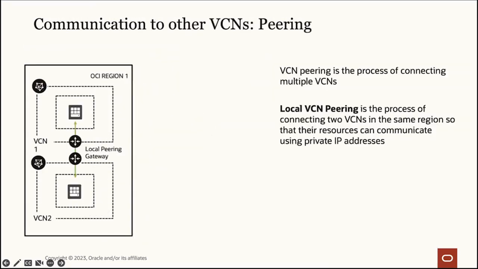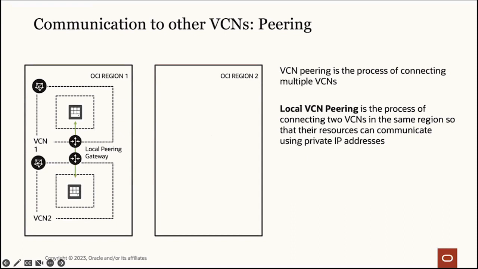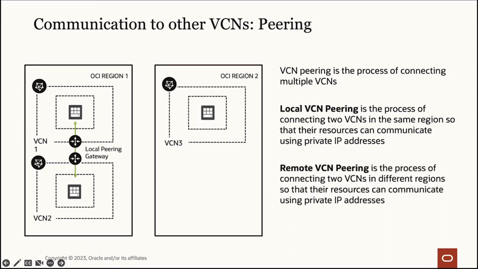And last but not least, we have communication to other VCNs, and we call this peering. There are two types of peering: local peering and remote peering. Local peering is when you want to connect two VCNs within the same region so that they can talk to each other. If you have an upgraded DRG, you can just use the upgraded DRG to set up that connection.